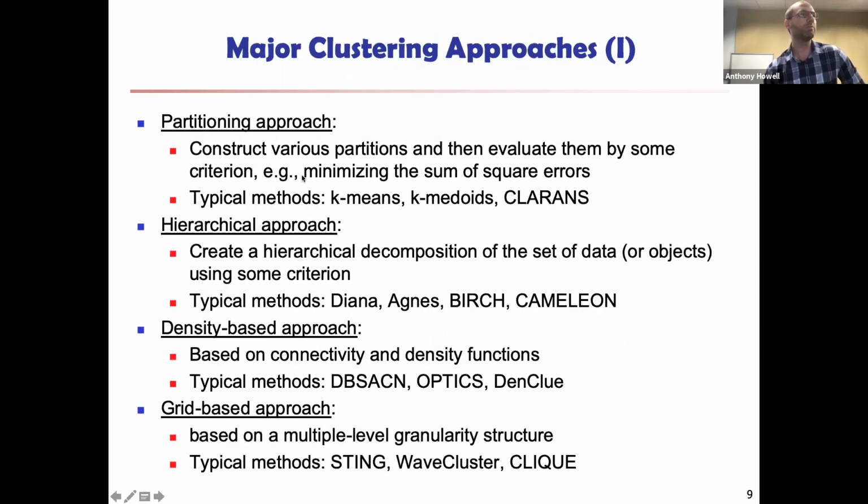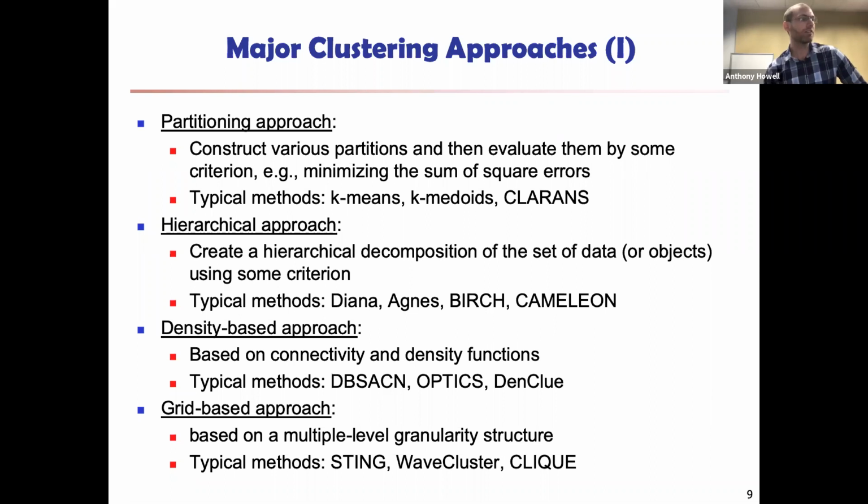Okay, so some of the major clustering approaches, we'll take a look at partitioning. It's the easiest algorithm to work with, and it's probably the most common and most traditional. Typical methods in this are k-means, k-medoids, and CLARA. We'll also take a quick look at the hierarchical approach, which is a multi-level clustering analysis.